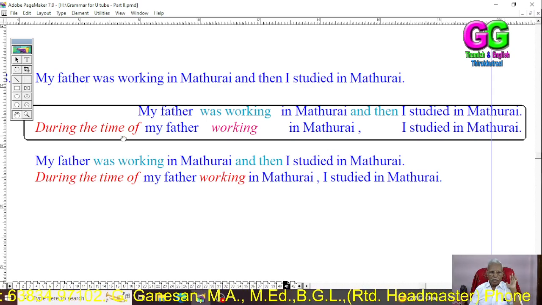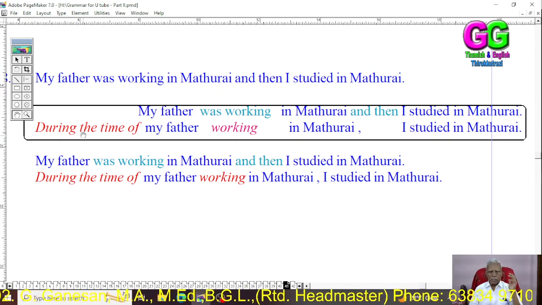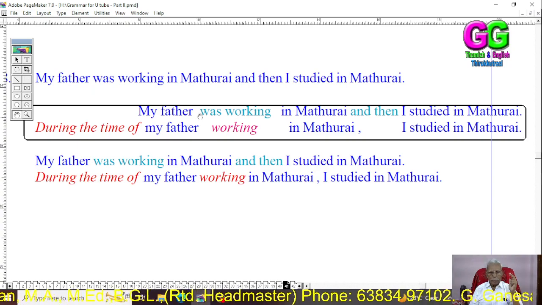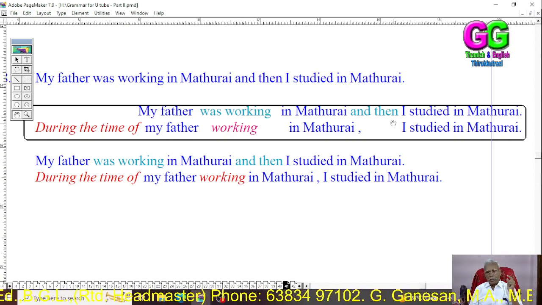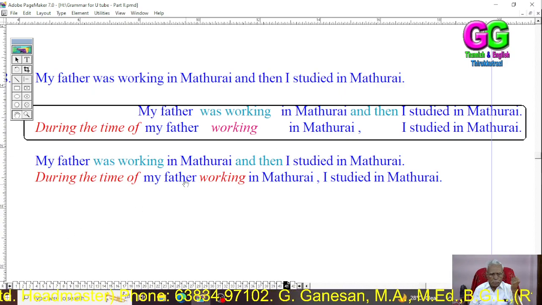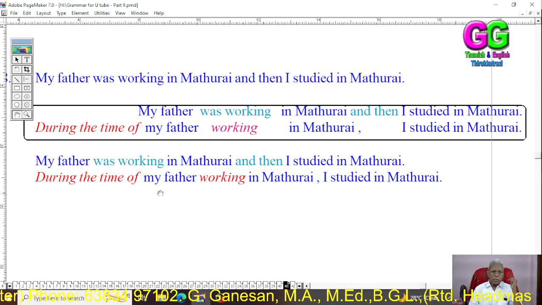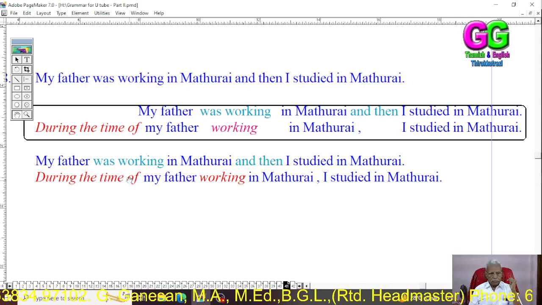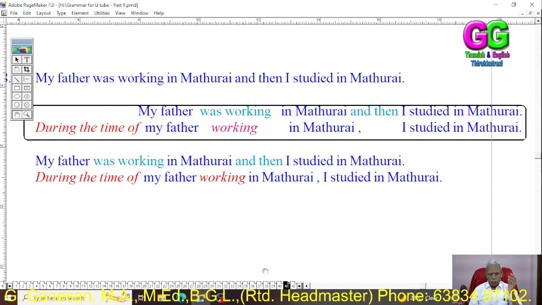First, I am putting the phrase at the beginning of the sentence, then reducing the first letter into small, then reducing the verb into present participle, and then removing the conjunction. That's all. My father was working in Madurai and then I studied in Madurai. During the time of my father working in Madurai, I studied in Madurai.